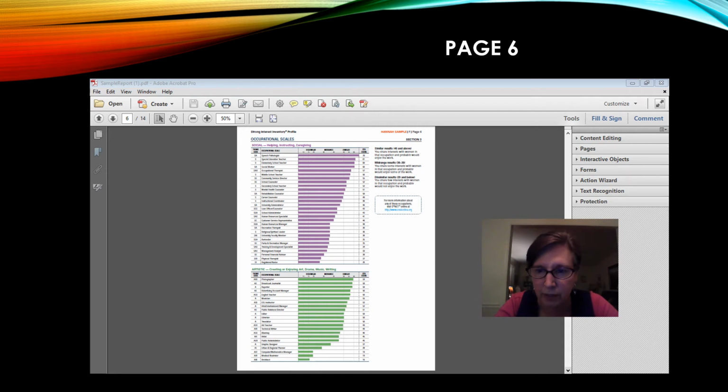The way they did this for the assessment is they asked a large number of people who are happy and successful in these career fields. And specifically, this is gender based, so women in this career field, they asked to take this assessment as well, and you can see how similar you assessed to the way they took the assessment.